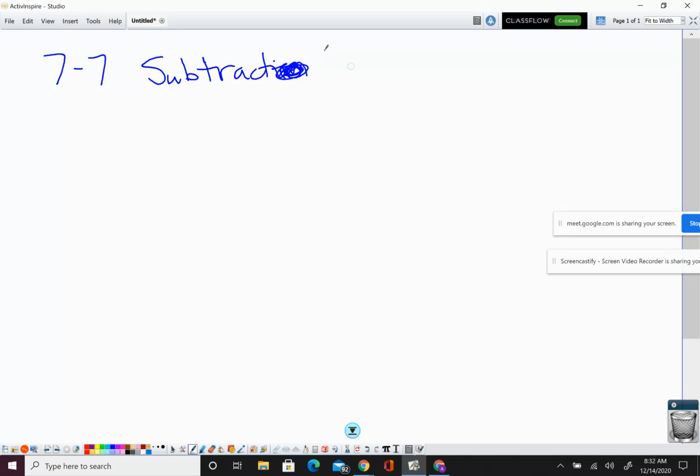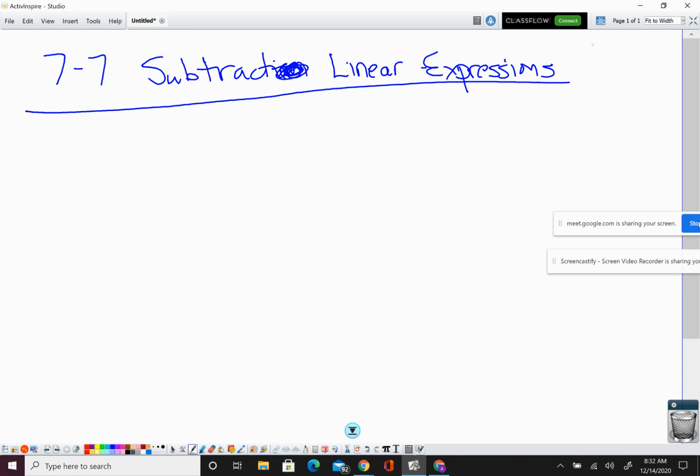Subtract linear expressions. Okay, so when we subtract linear expressions, we are doing nothing more than adding the opposite.